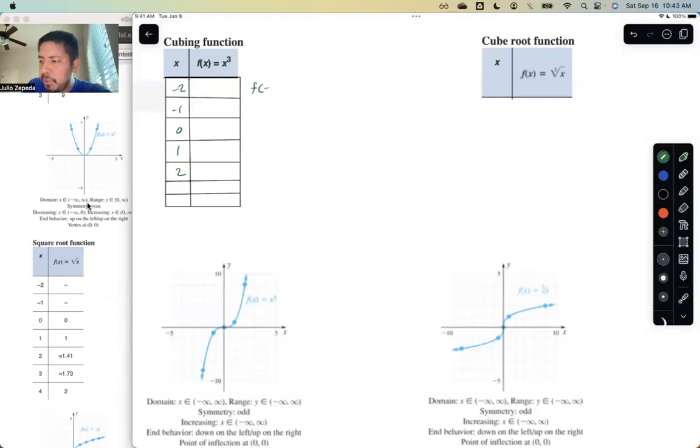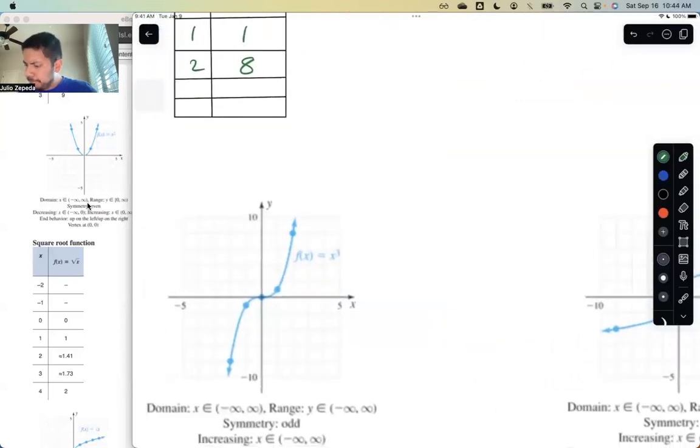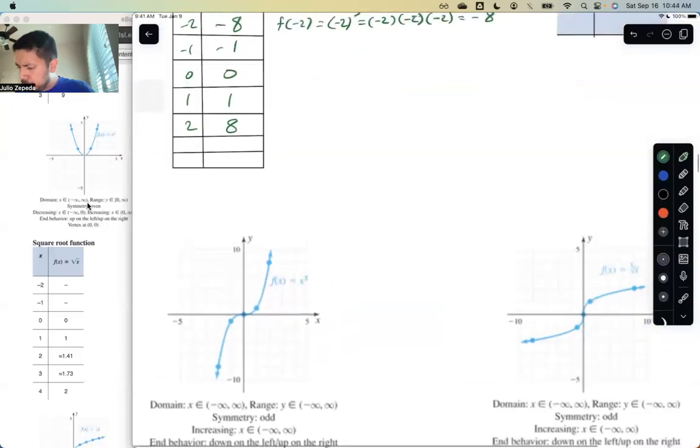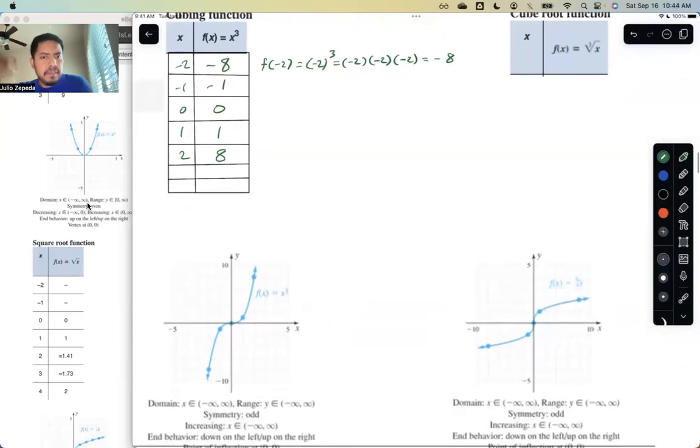This cubing function cubes the input. So -2 cubed is just -2 times -2 times -2, which is -8. So -8, -1, 0, 1, and 8. So the shape of the cubing function, yeah, if you take a look at the graph, they've scaled it differently on the y-axis.